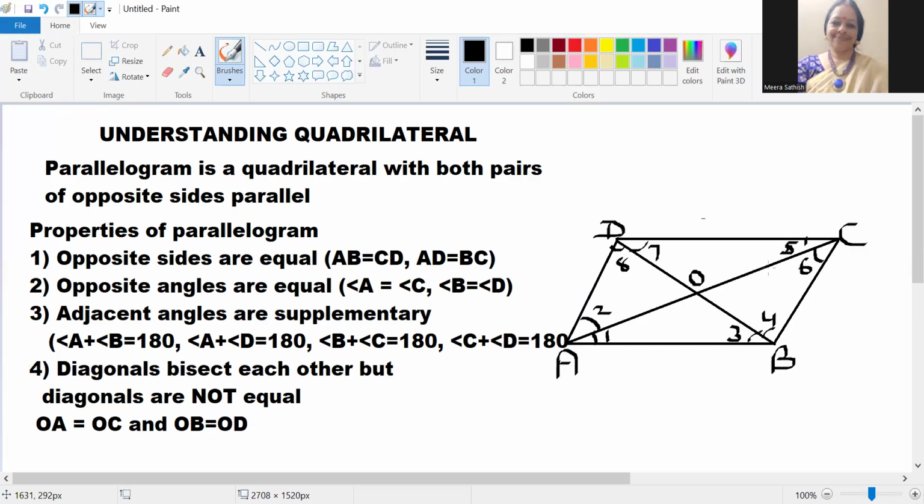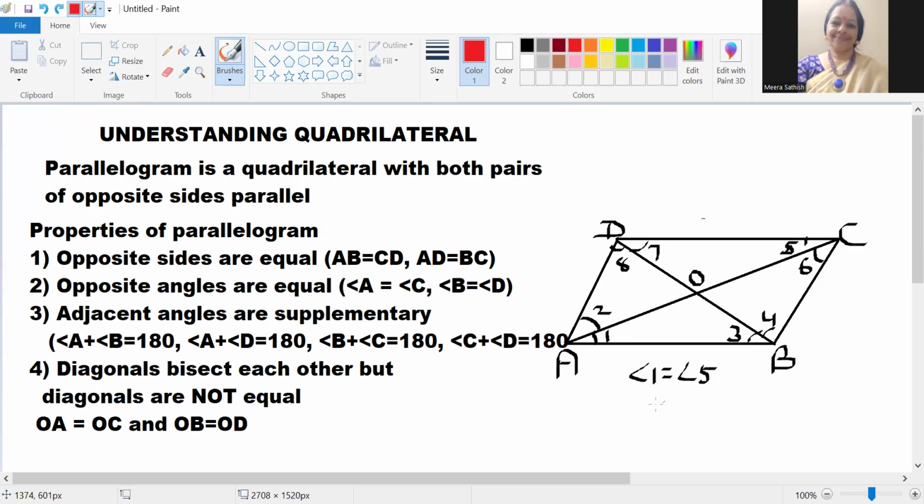Now see here, angle 1 equal to angle 5, right? Why? What is the reason? Alternate angles, see here, Z angle. So angle 1 equal to angle 5, alternate angles.